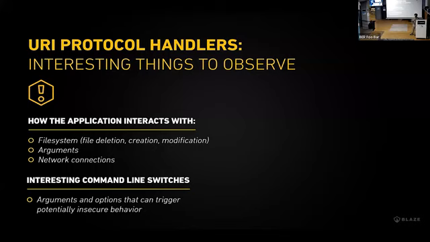Sometimes this behavior is fairly insecure, and you can take advantage of that for your own purposes. Also, this is super important: interesting command switches. Sometimes you can just spawn a process, but nothing super important there.